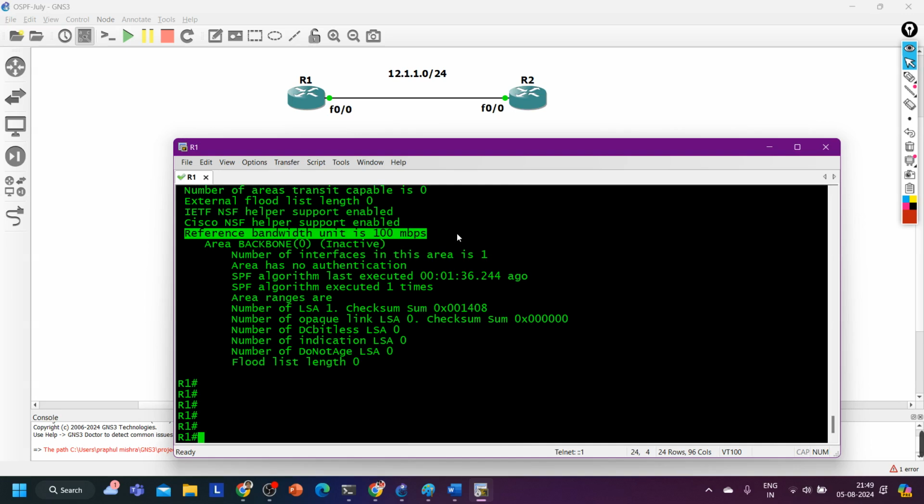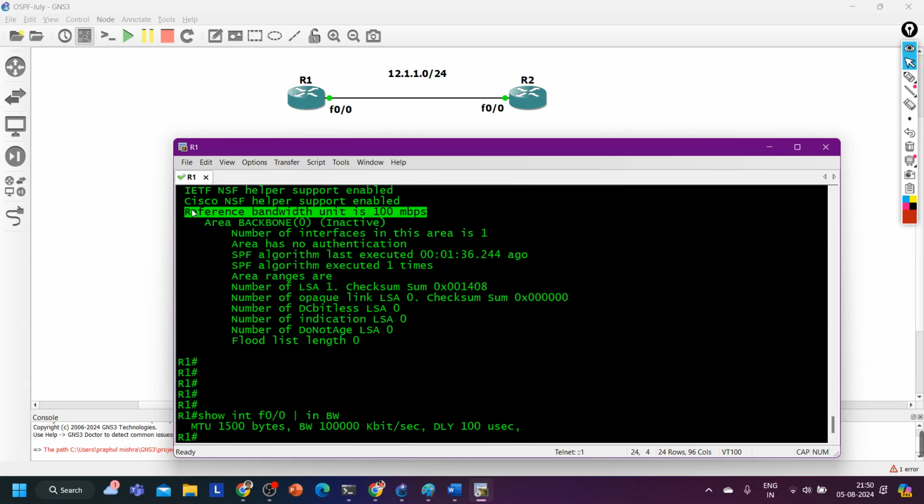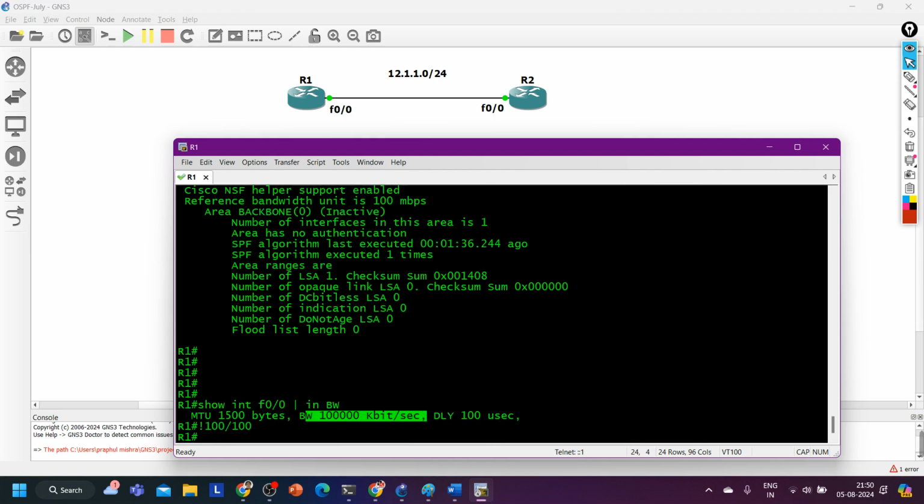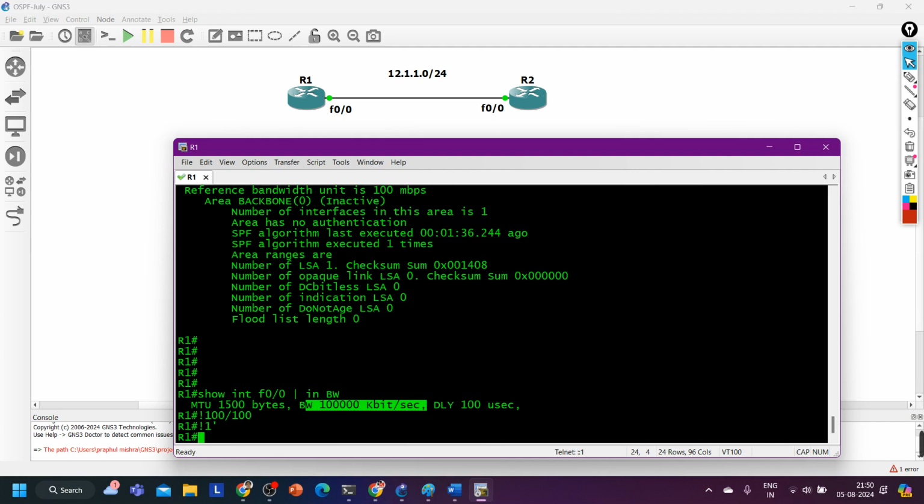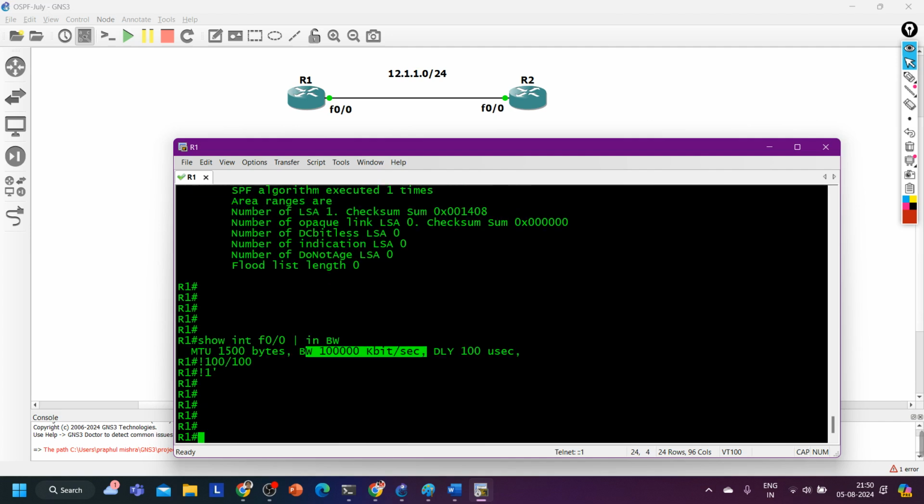What is the reference bandwidth, guys? The reference bandwidth is 100 Mbps. What is the bandwidth of the link? 100 Mbps. So the formula to calculate cost is reference bandwidth divided by bandwidth of the link, means 100 divided by 100, right? The value will be 1. So this is how this router has calculated the cost.